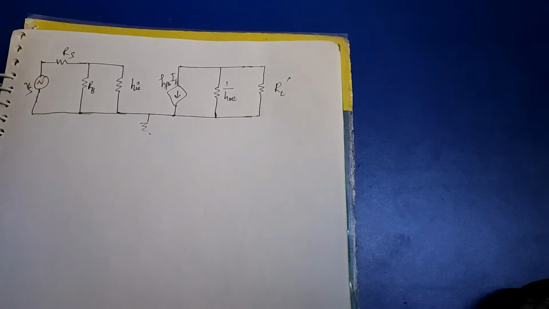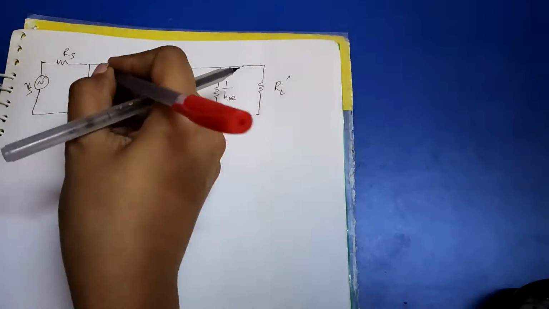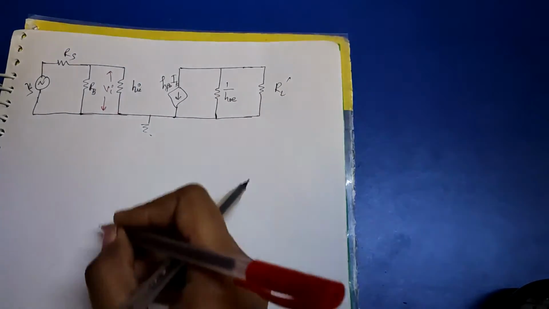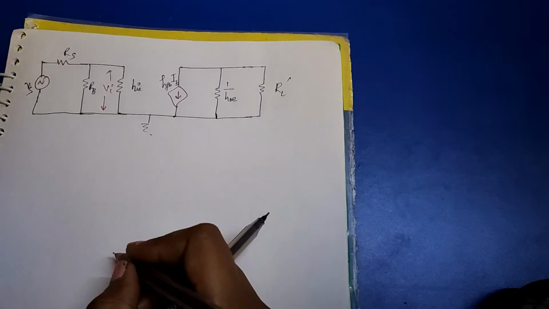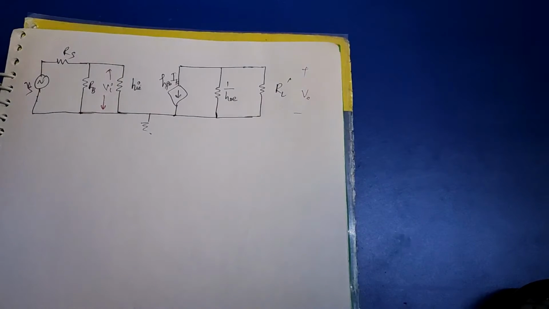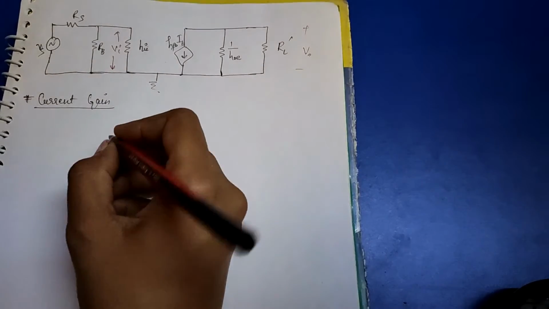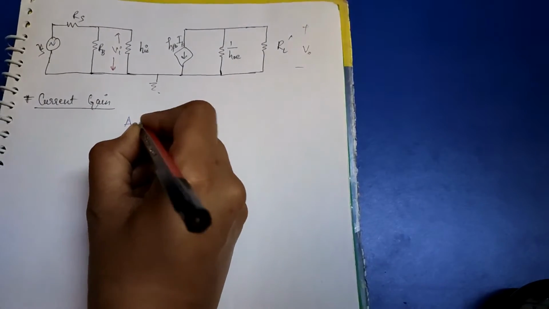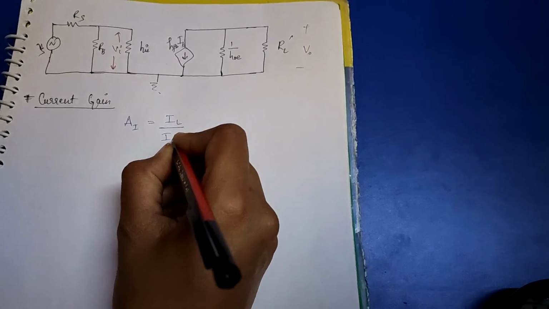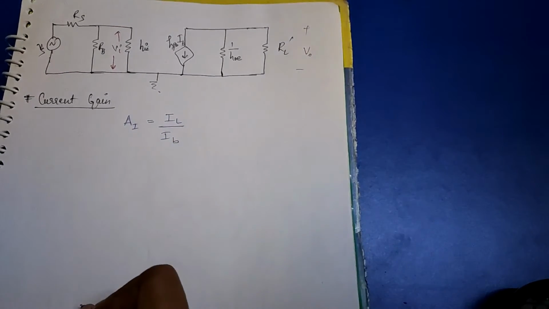First, I will mark the input as well as the output voltage. So this is the input voltage, internal input voltage, right? And here I am getting the output voltage, guys. Okay, now first we have to calculate the current gain. Guys, the current gain is given by, as we all know, the load current upon my input current, and at the input I am having the base current.